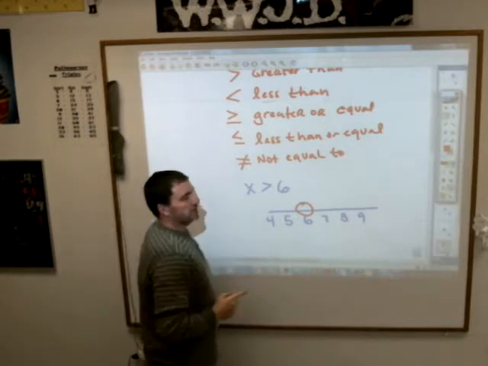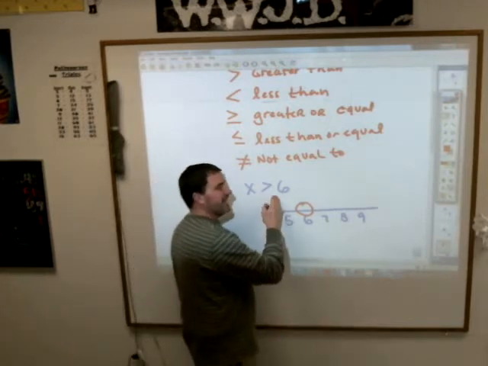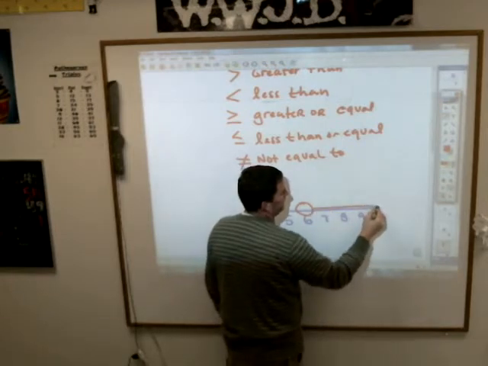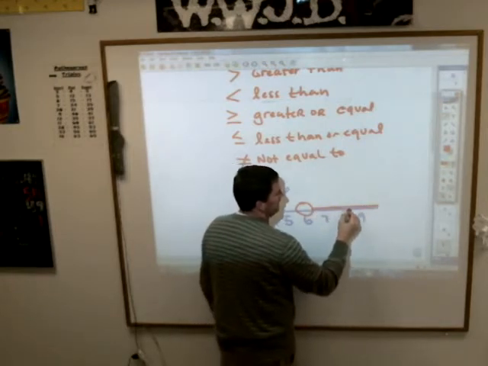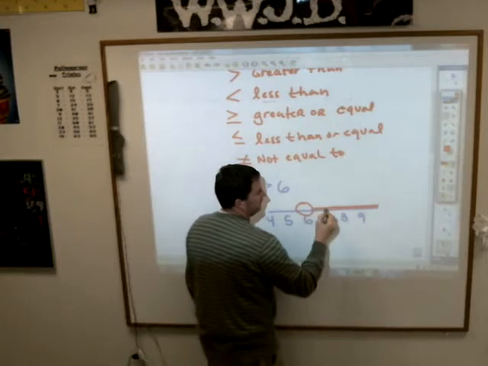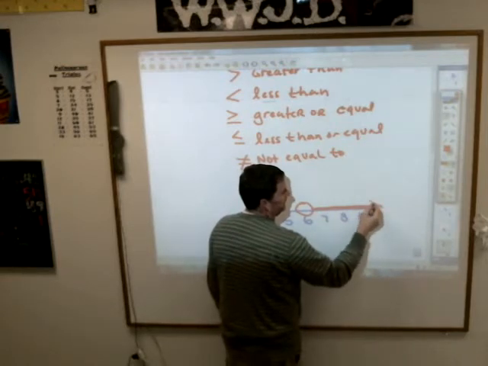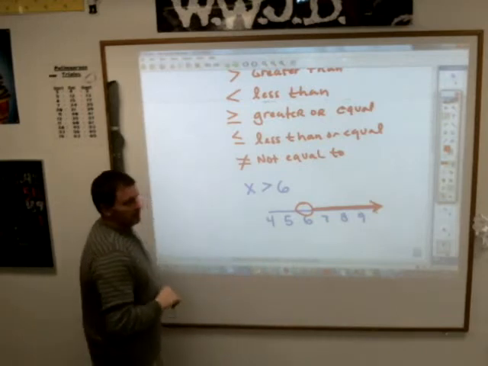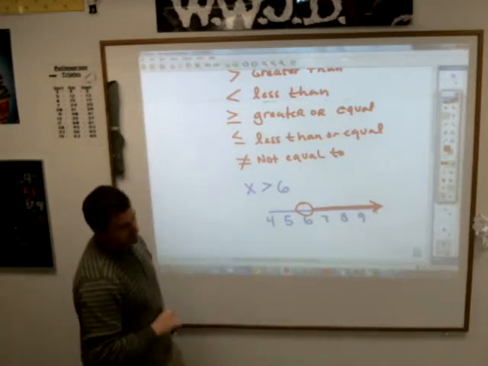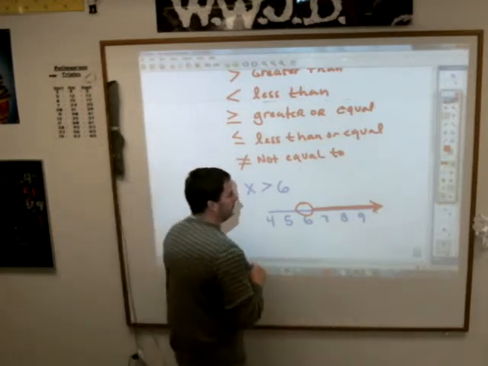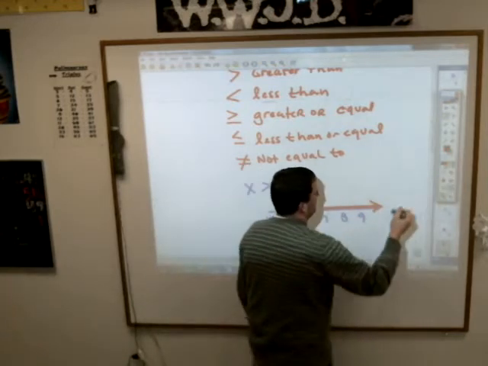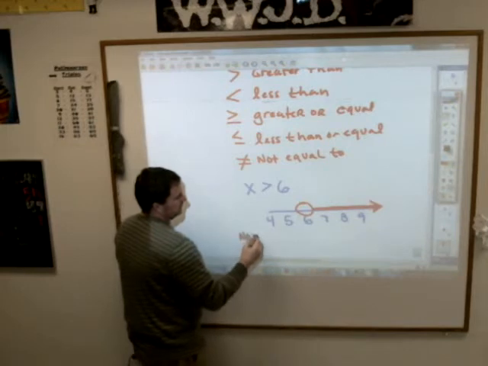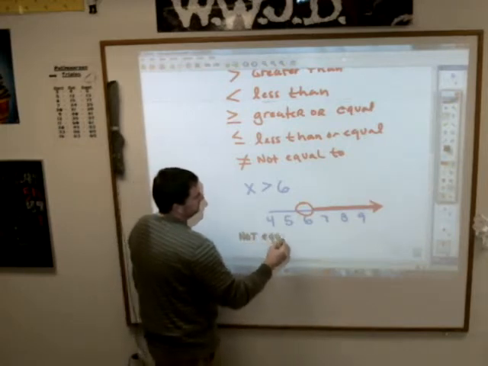You put an open circle at 6, that means it starts at 6 but doesn't include 6, and then you draw an arrow in the direction that your answers are. And then you have to put an arrow at the end because it goes on forever that way. Any number that's to the right there is an answer to that. So note to self, if it's not equal to, it's an open circle.